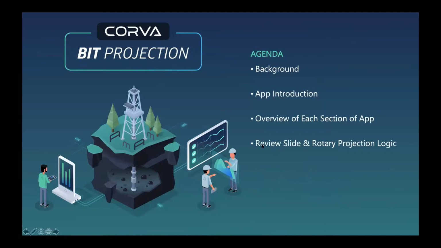We will review the slide and rotary projection logic so that everybody can understand that. And then we'll move into talking about the accuracy logic, how we quantify some of the data points as far as our projection values at each interval versus the actual survey values. And then we'll move into a Q&A. All right, so we will get started.